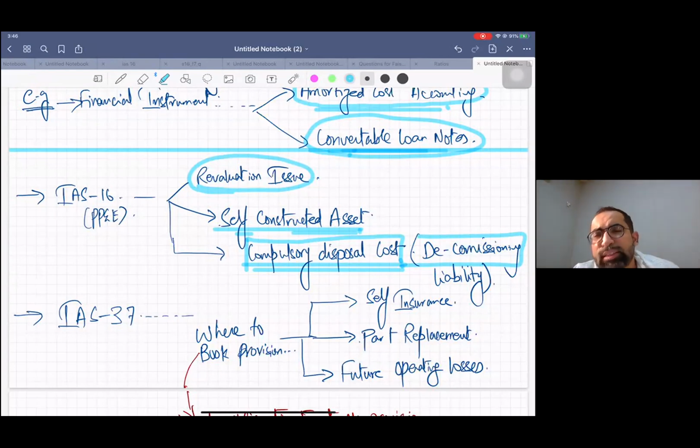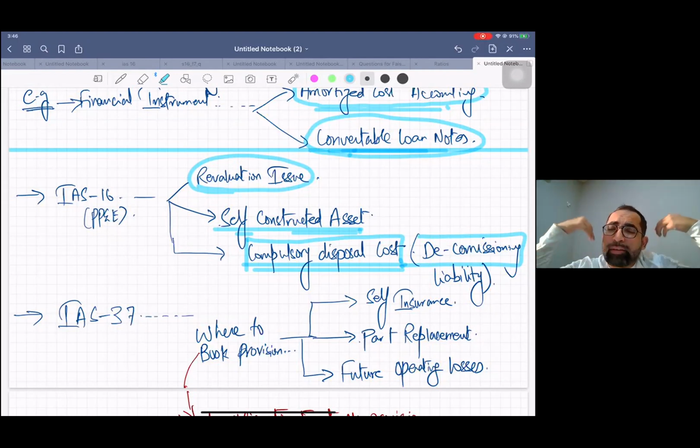What happens sometimes is that in the question it is written that you have just acquired mining rights for the next 10 years or 20 years, right? And there is a condition of the government that whoever will use this mine will incur a compulsory disposal cost at the end of the life of the mining.